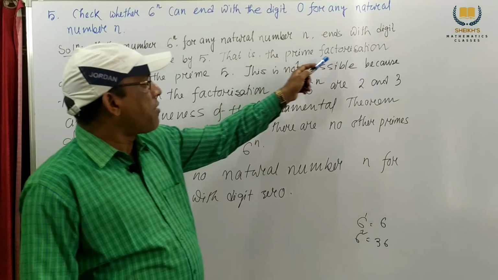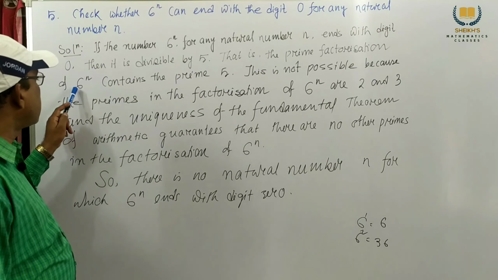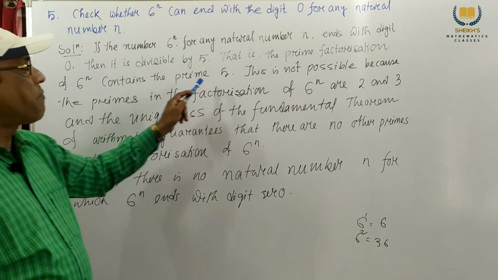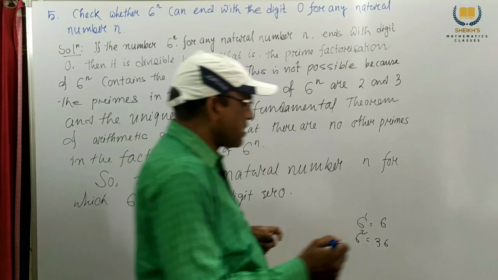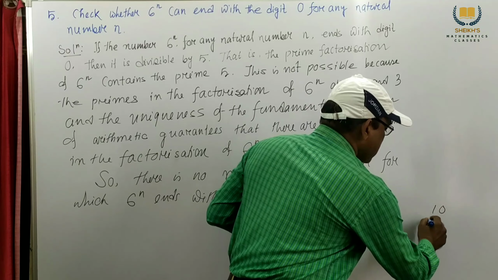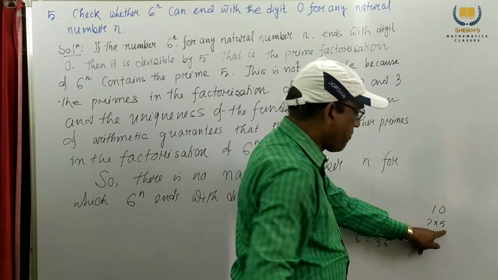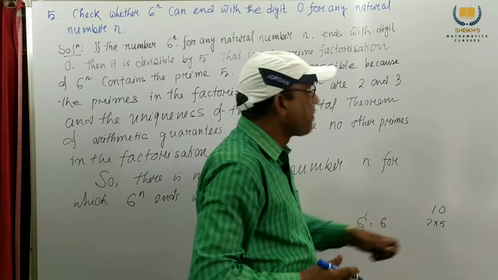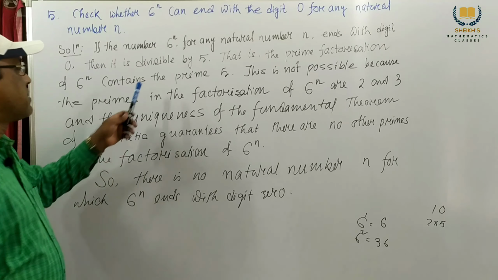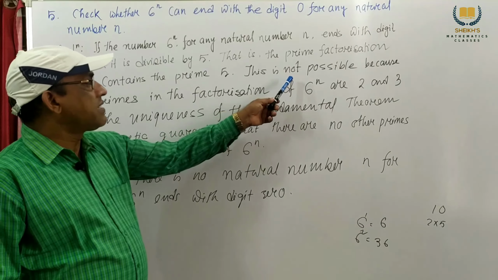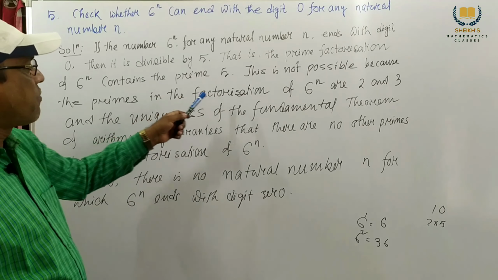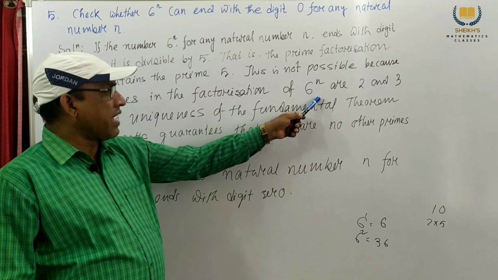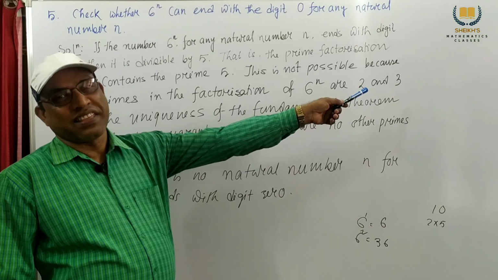That is, the prime factorization of 6 to the power n contains the prime 5. If the ending digit is 0, suppose 10 means 2 into 5, the prime factorization contains 5. But this is not possible because the primes in the factorization of 6 to the power n are 2 and 3.